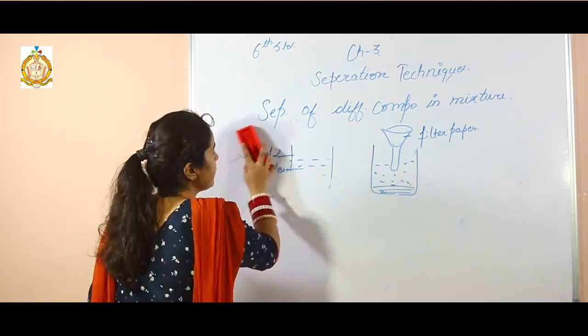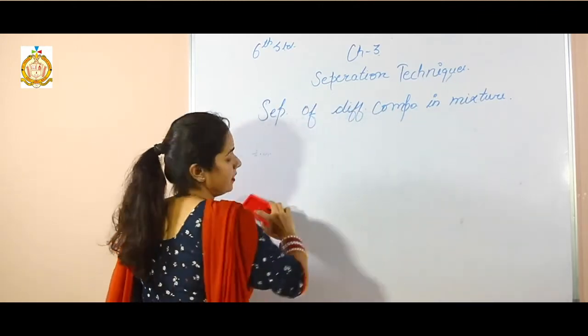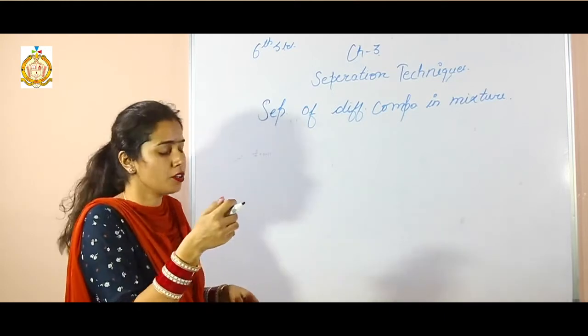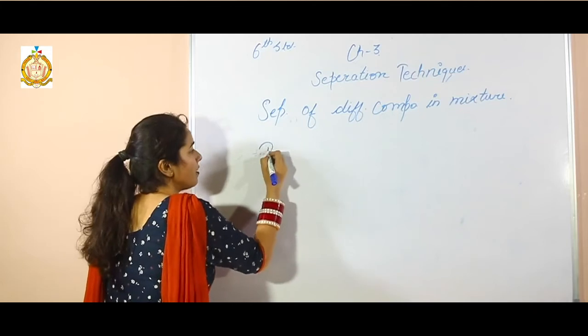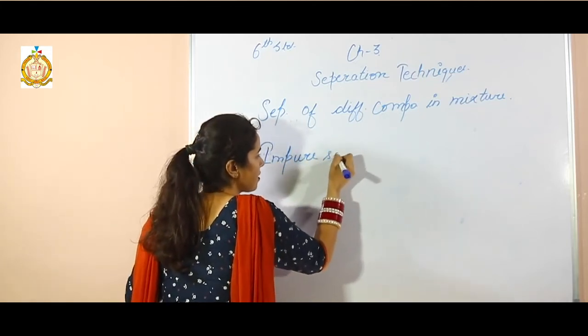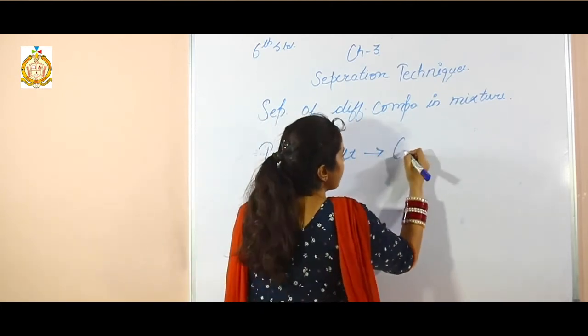Now there is the last topic, that is separation of pure substance using different techniques. Like when we have impure salt that is taken from seas, first of all we do crushing of salt.